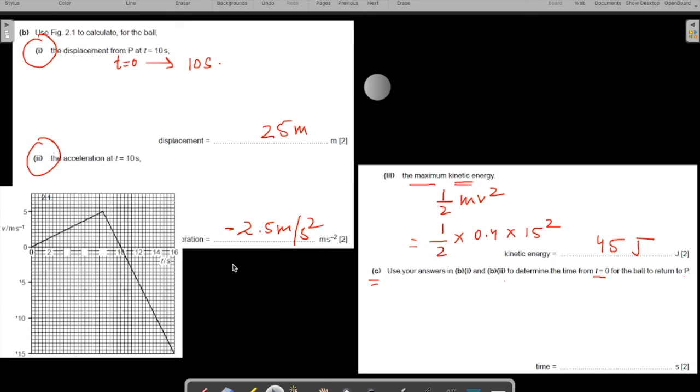Let us understand in the most basic and the most detailed way possible. So the initial position of the ball is at point P, which corresponds to time t is equal to 0. This is what the question said in the first part.